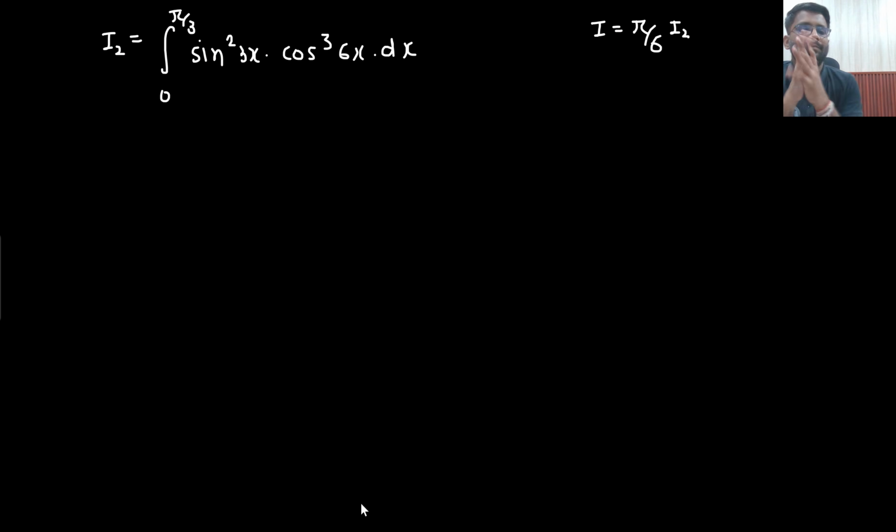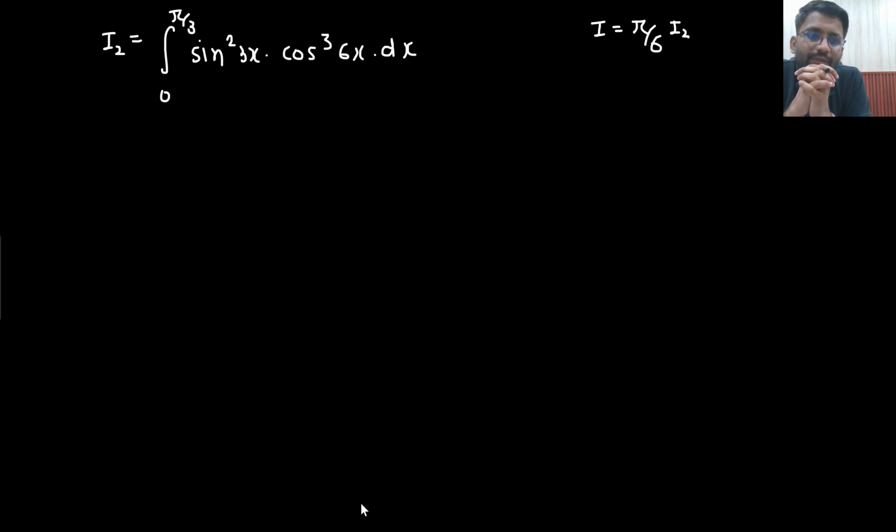What is I2? 0 to pi by 3, sine square 3x dot cos cube 6x dot dx. This is what I am supposed to solve. Right? What do you think? What changes are you going to make now?